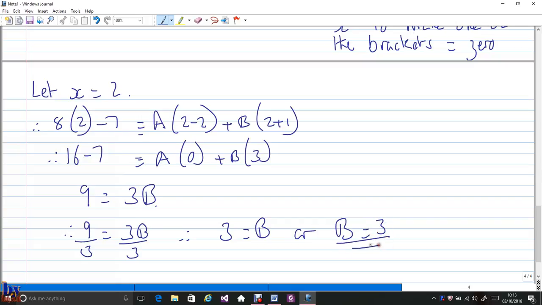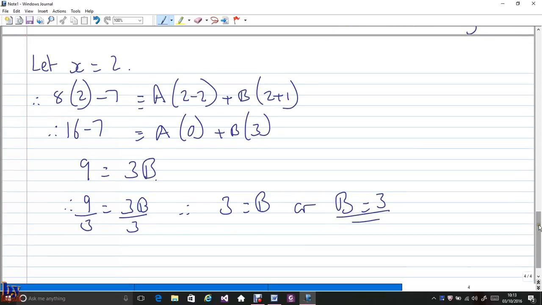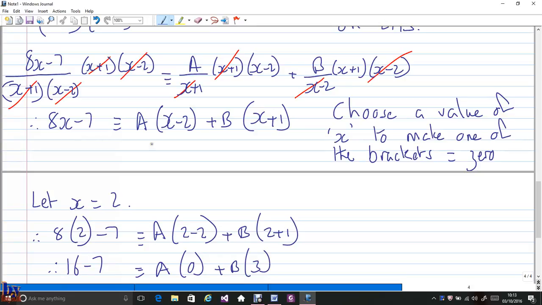That's okay. Now we're going to determine the value for A, and all we've got to do is make this bracket 0. I mean, we could do it another way as well, but it's simpler to say let x equal minus 1, therefore B disappears. Okay.